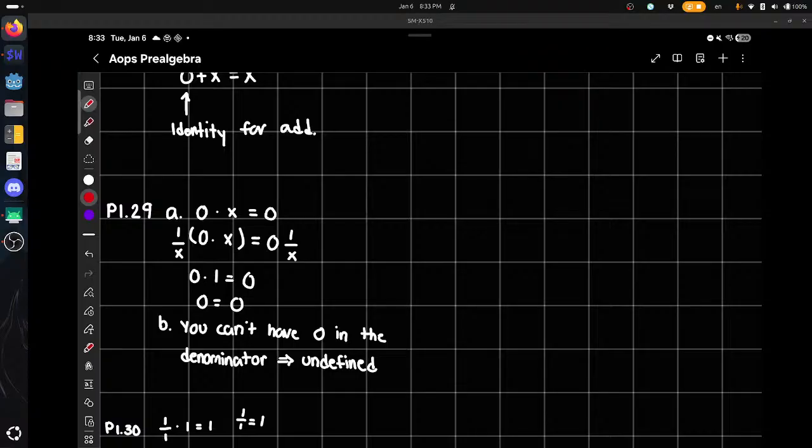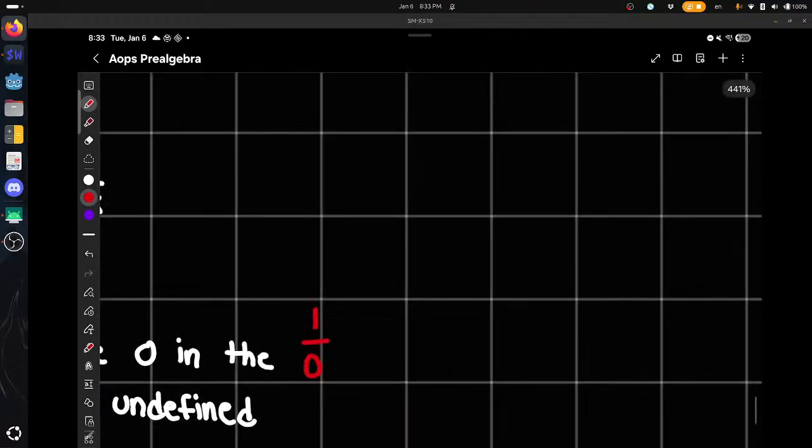Their answer is way more... There's a reason to it. I just said you can't have 0 in the denominator. If the number 1/0 existed, then 1/0 times 0 would have to equal 1. They're using a definition. They're saying, let's say that you can't have 0 in the denominator. Well, by that definition, this would have to equal 1.